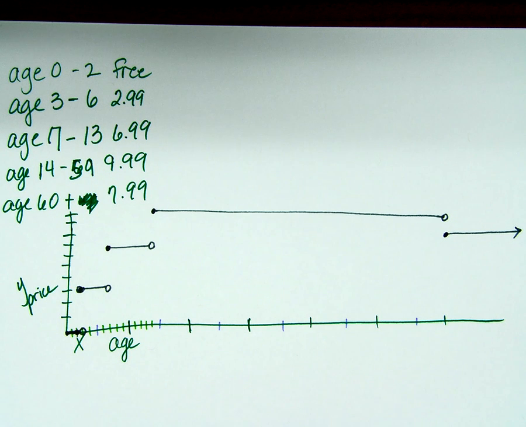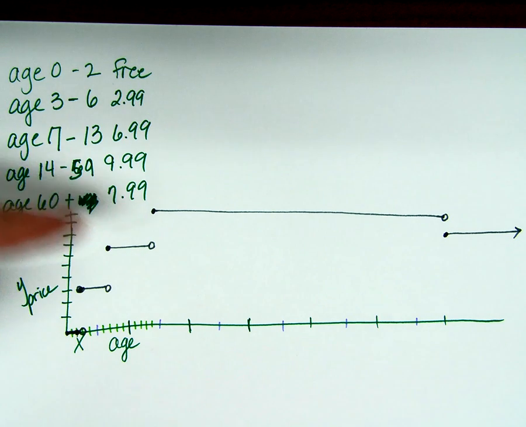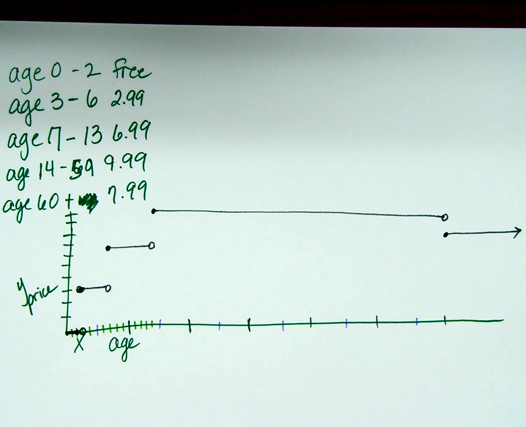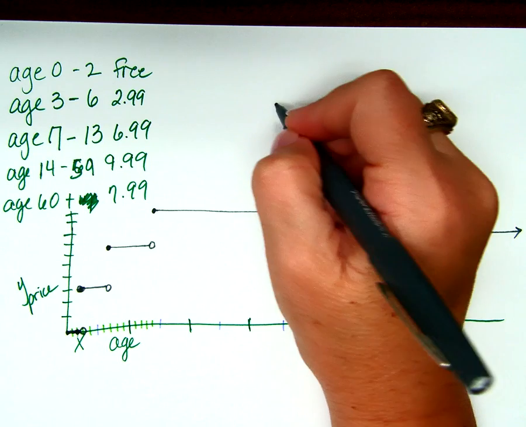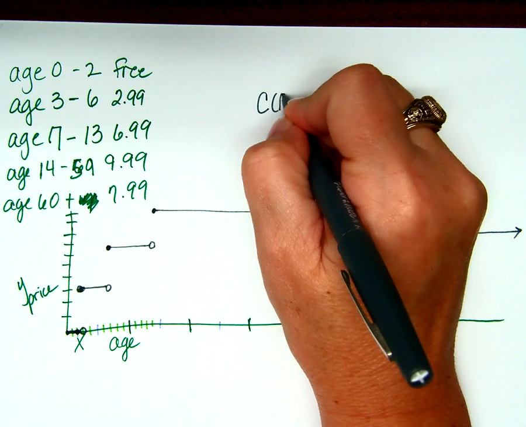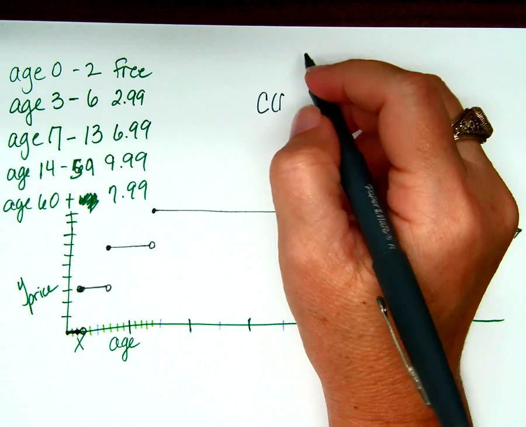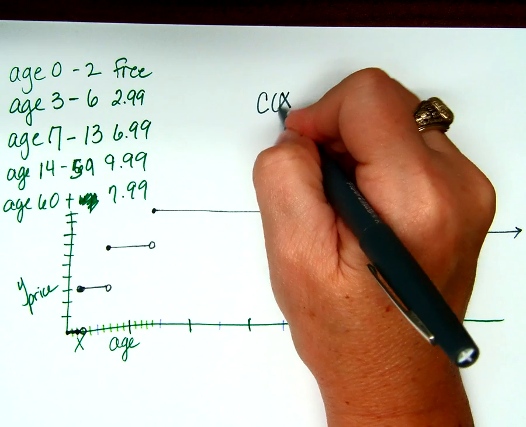All right? So we could write this as a piecewise function. Right now it's just a list of ages and prices, right? Okay? So we're saying the function, we'll call it cost. Are you okay with that? So the cost, we'll say C of x.